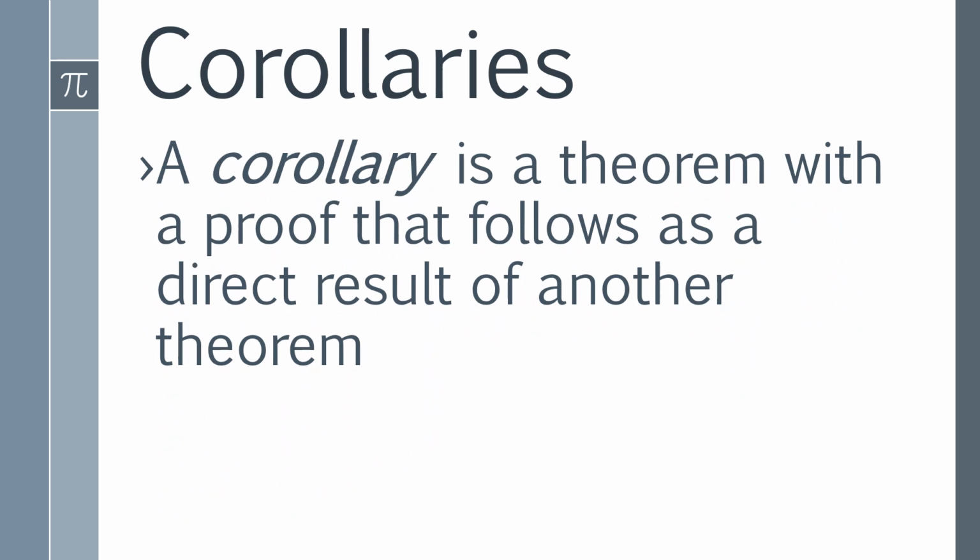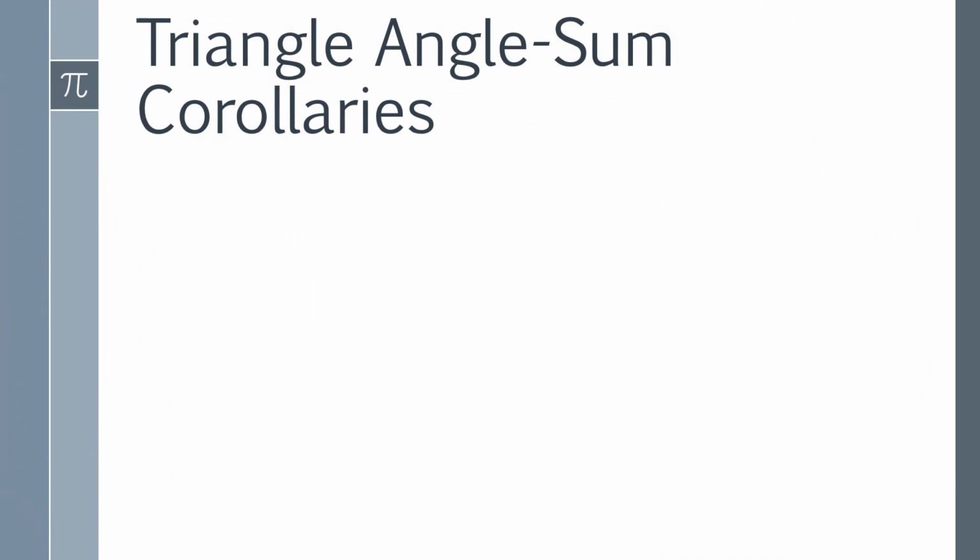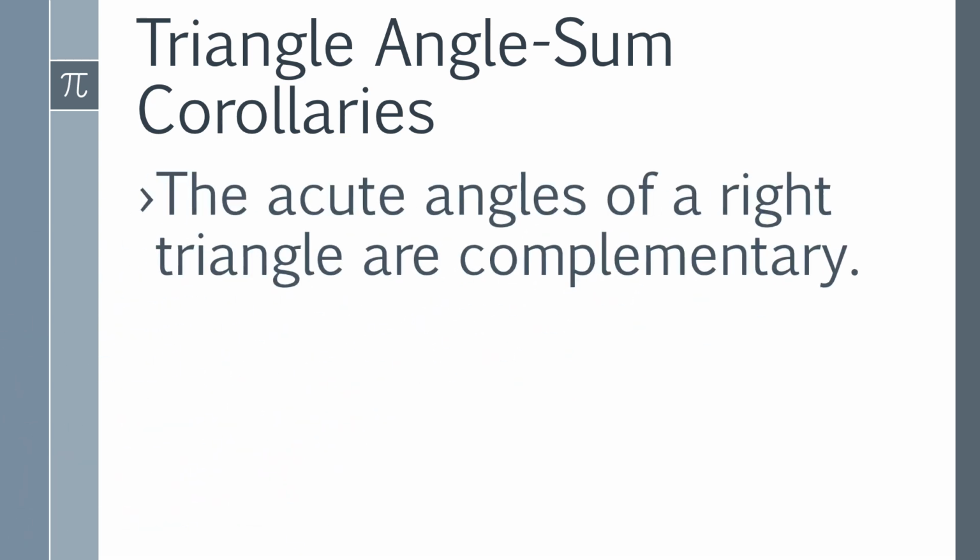So a corollary is a theorem with a proof that follows as a direct result of another theorem. And a corollary can be used as a reason in a proof. So we have some triangle angle sum corollaries.